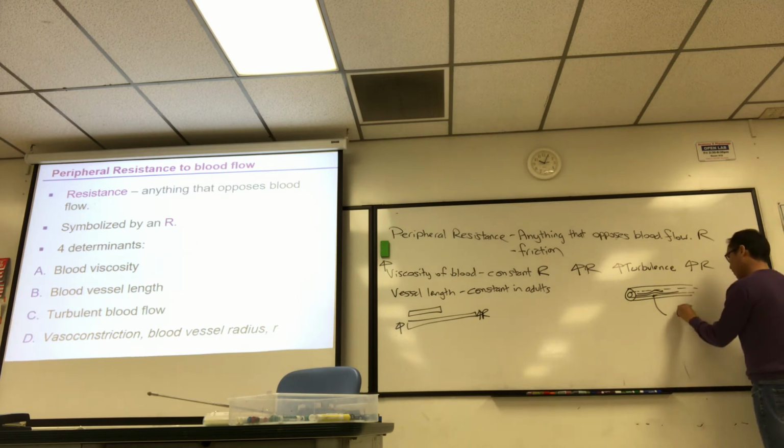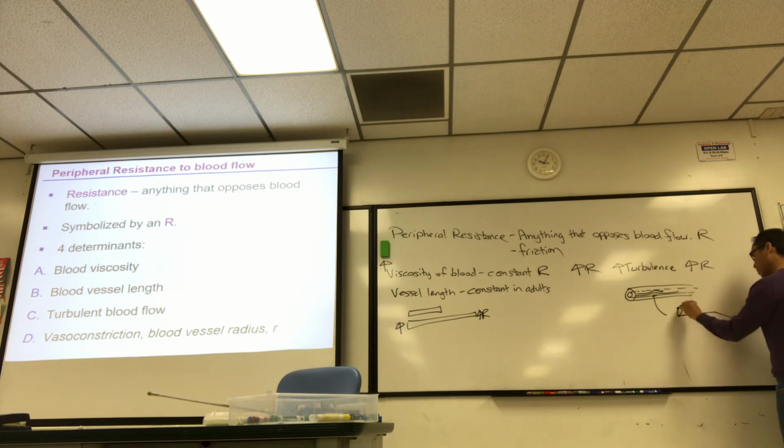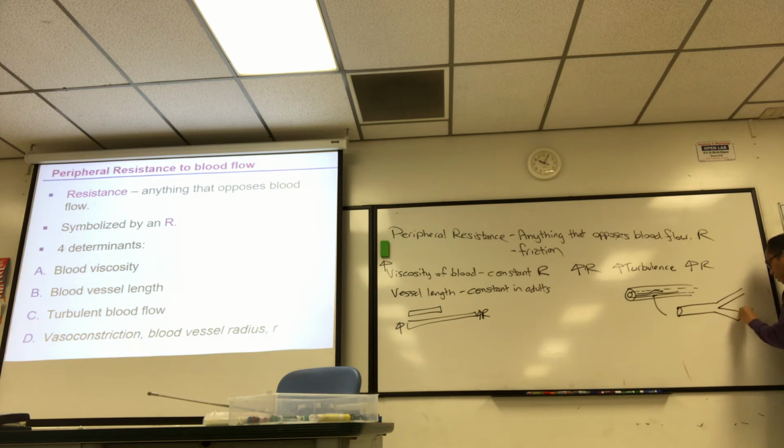Of course, blood vessels branch. Where you have a branching, that inevitably will be a source of turbulence, because when it hits the fork in the road, it disrupts the smooth laminar flow. But the general idea is, branch points, plaques, increased turbulence, increased resistance to blood flow. That's all I'll say about it.